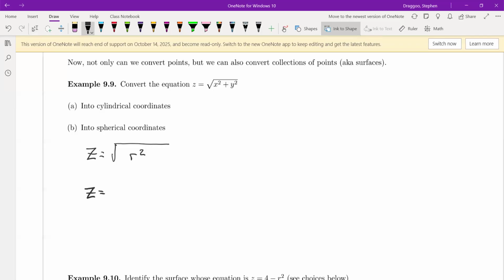Which means that z is, if I'm being extra careful here, z should be equal to the absolute value of r. If I take the square root of r squared, my result should be absolute value of r. But I could also rearrange this to just give the easier looking equation, probably the one that you came up with, is just z equals r, strictly saying that r is greater than or equal to 0.